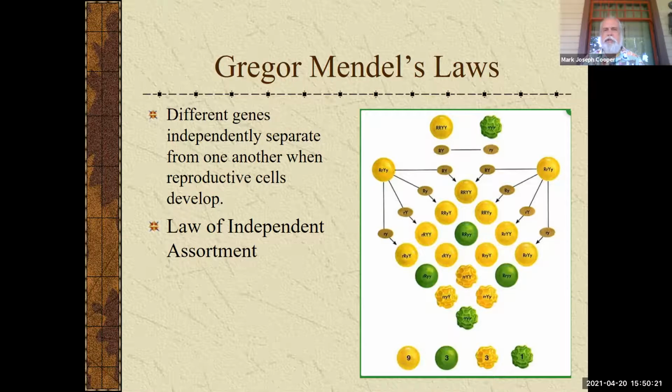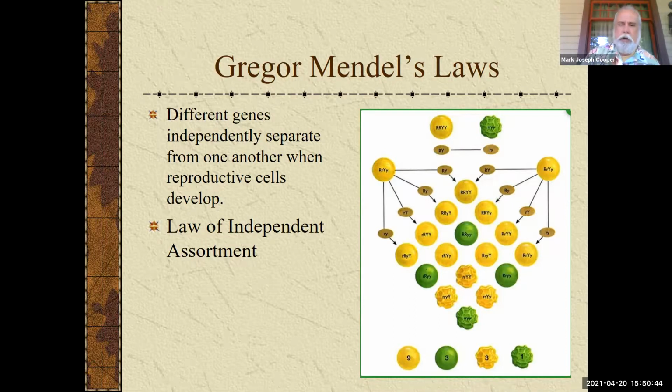So he figured this out also, not by looking at chromosomes, but looking at offspring. And so what he's showing you here in this law is that whether it is yellow or green has really no effect on whether it's round and smooth. And so that's where he came up with the law of independent assortment.